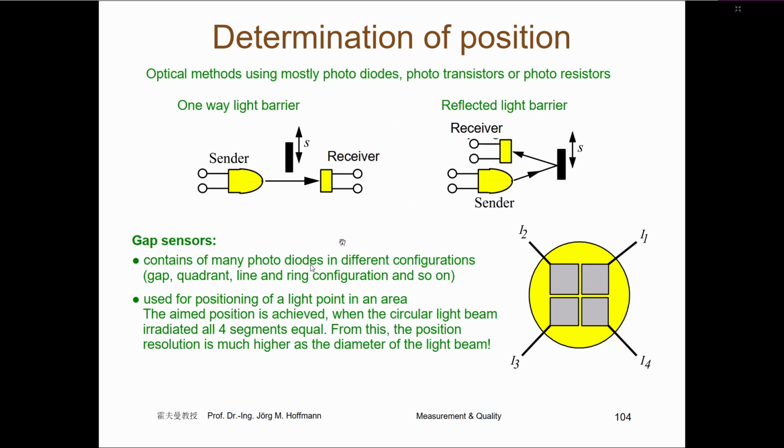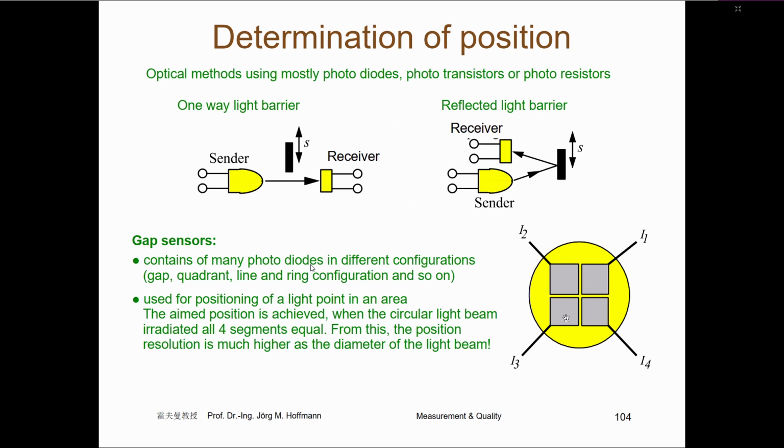And for this, we have gap sensors. With one gap or with two gaps; here we have two gaps. This is a photodiode, and we have a small gap in Y and in X direction. It's burned with a laser, so that you have 4 single photodiodes on one chip.